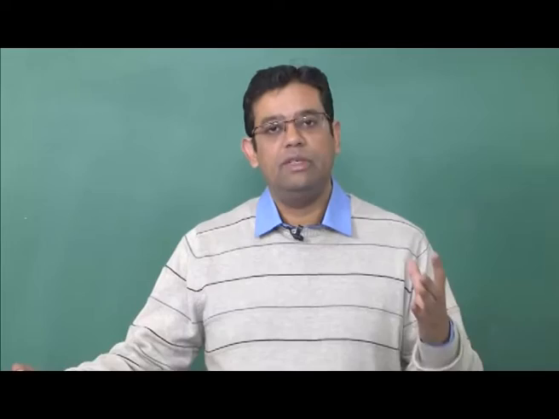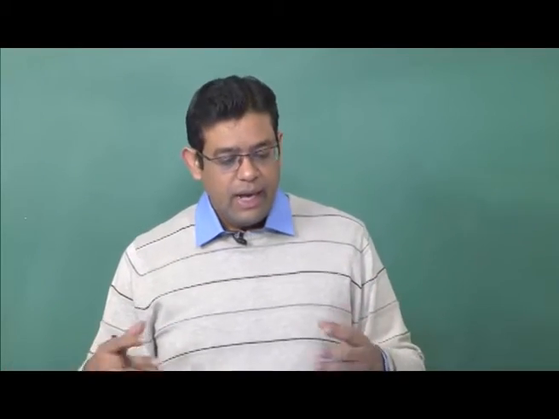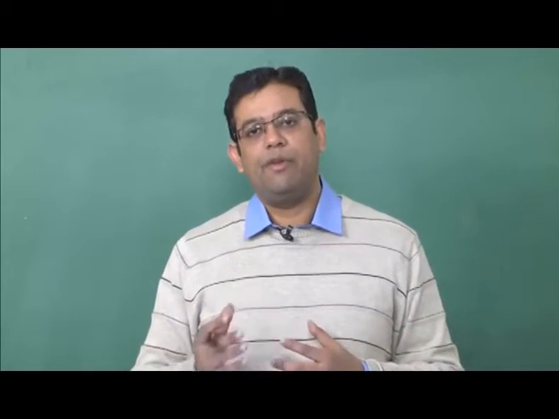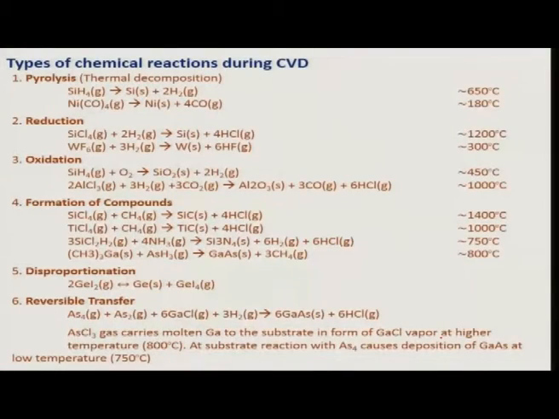Now, during chemical vapor deposition, remember most of this is in the gas phase, and in the gas phase there are various types of reactions which can happen, which are listed here. The gases may undergo thermal decomposition, which is called pyrolysis, such as silane gas at 650 degrees C. When it undergoes pyrolysis, it results in solid silicon, which is the thin film on the surface, and hydrogen gas, which goes off as a byproduct.